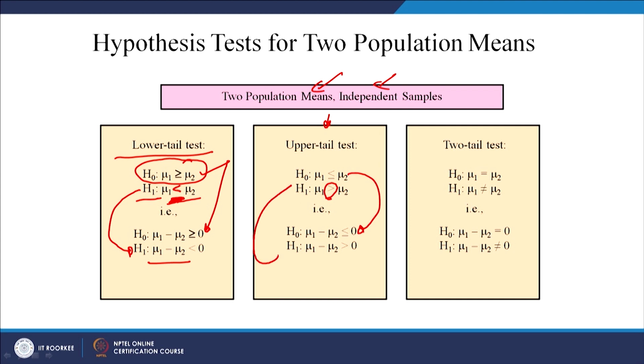If the sign is not equal to type, it would be a two tail test, similar to what we have seen in the case of one sample hypothesis testing.